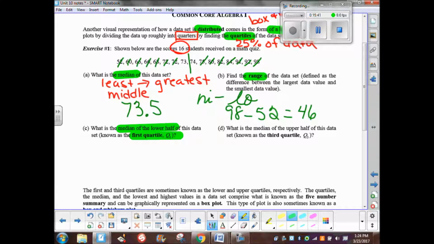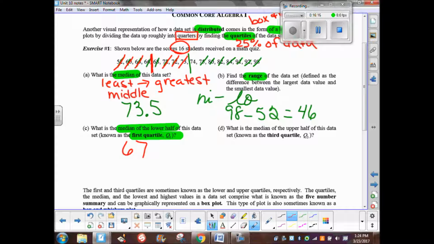If you cover up the median and the upper half of the data, you end up crossing off a low and a high pair. We are stuck with two numbers again, so the middle of 66 and 68 is 67.